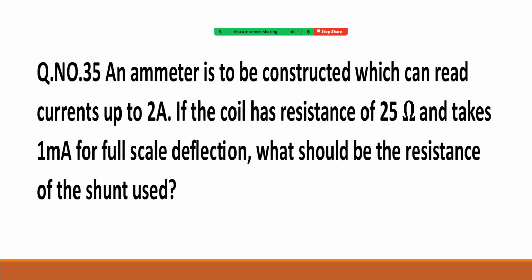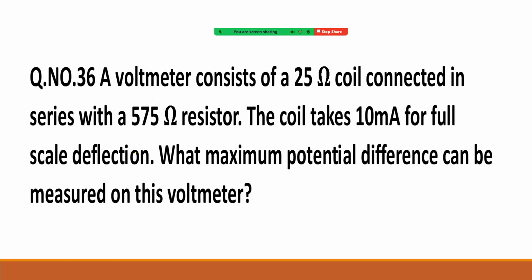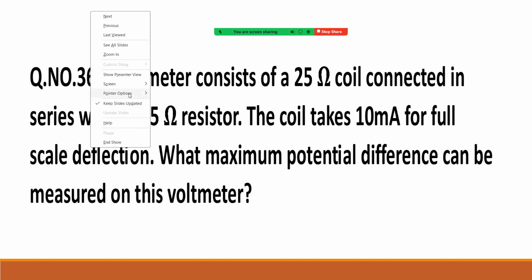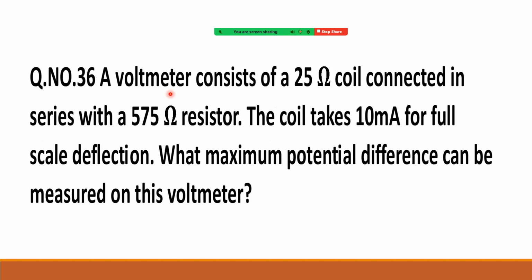So this question is taken from HC Verma. And see the next one, this question is also taken from HC Verma. The question is given: a voltmeter consists of a 25 ohm coil connected in series with a 575 ohm resistor.